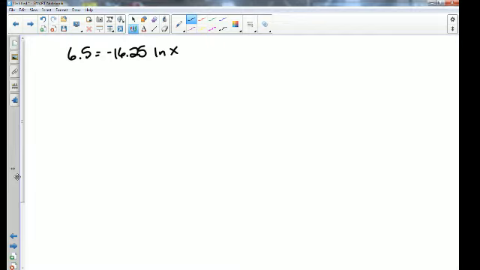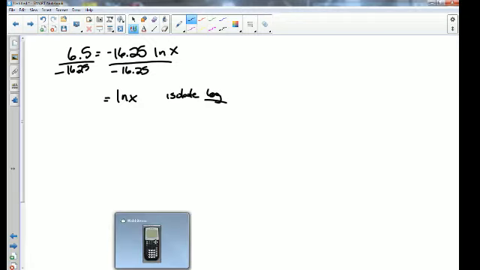First step? Yeah. The negative, in fact. The idea here is to isolate the log. Can we actually move 16.25 to make it the exponent of the log? You could.